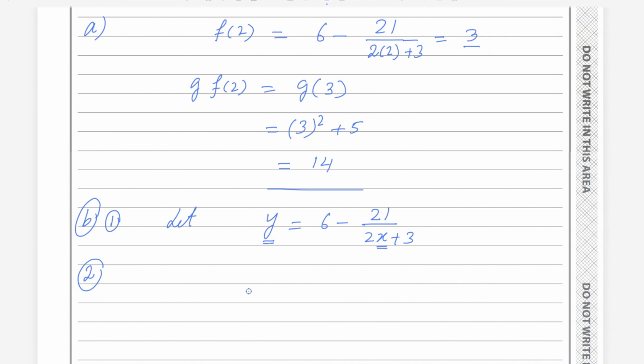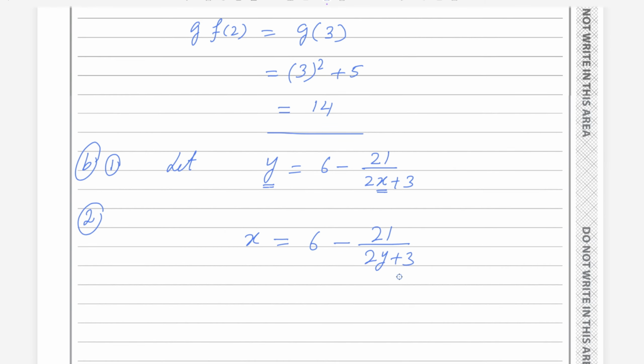So we write x equals 6 minus 21 over 2y plus 3. What we did here is replace x with y. Now third step, we will make y the subject. So these are the three steps to find the inverse.